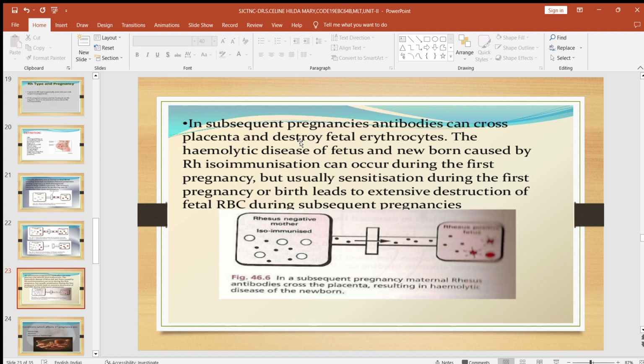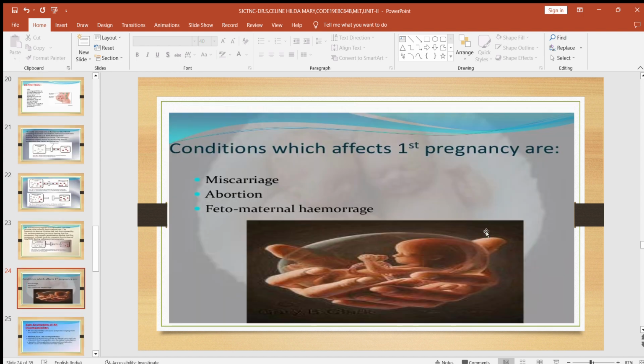That is, hemolytic disease of the fetus and newborn caused by RH isoimmunization can occur during the first pregnancy, but usually sensitization during the first pregnancy or birth leads to extensive destruction of fetal RBC during subsequent pregnancies. These are the conditions which affect the first pregnancy: miscarriage, abortion, and feto-maternal hemorrhage.